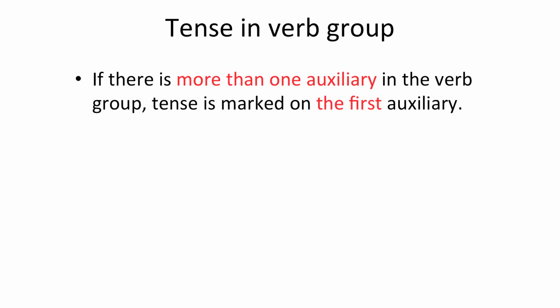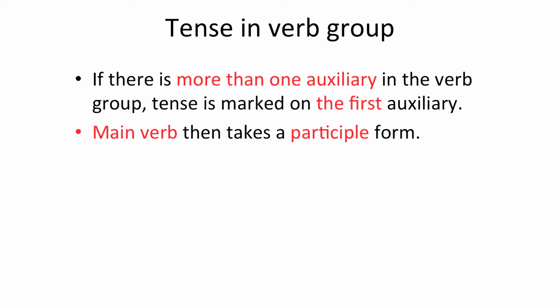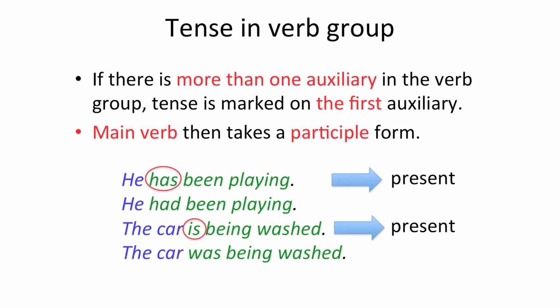If there is more than one primary auxiliary in the verb group, tense is marked on the first auxiliary. Again, the main verb and the other primary auxiliary, or auxiliaries, appear in one of the participle forms. So we have, he has been playing and the car is being washed, with the present forms of the auxiliaries, has and is.